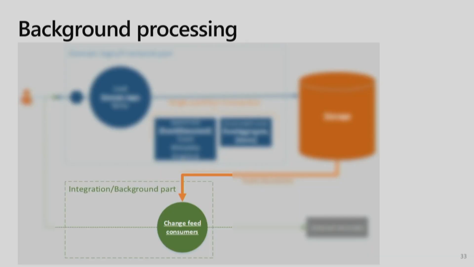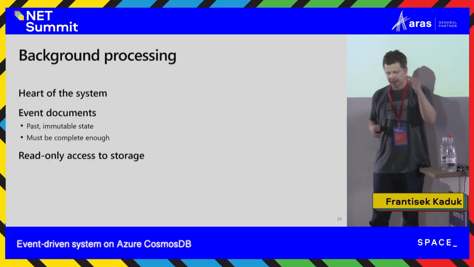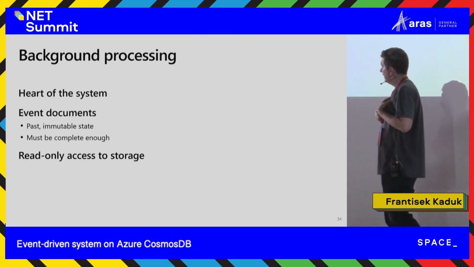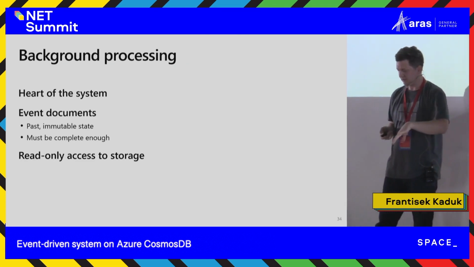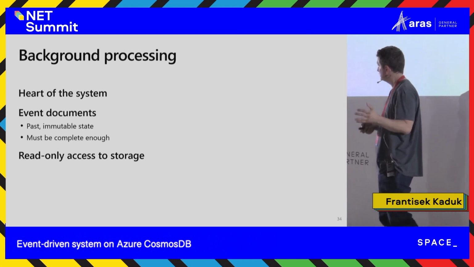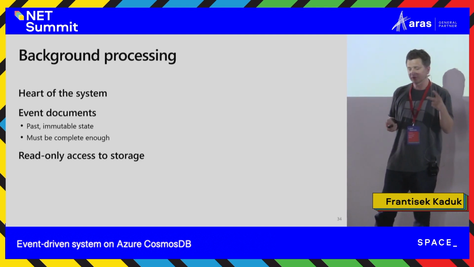Now let's look into the details of how the background processor works. As I was mentioning, this is basically the heart of the system, and the events are basically some state which was in the past. We have 2 golden rules.